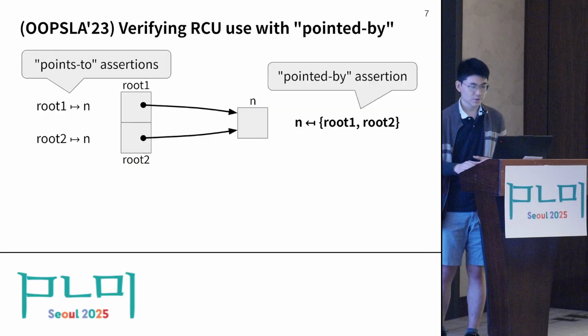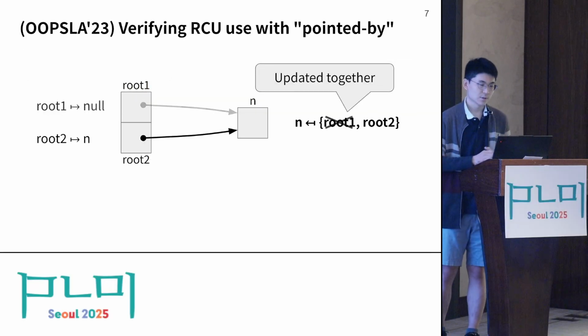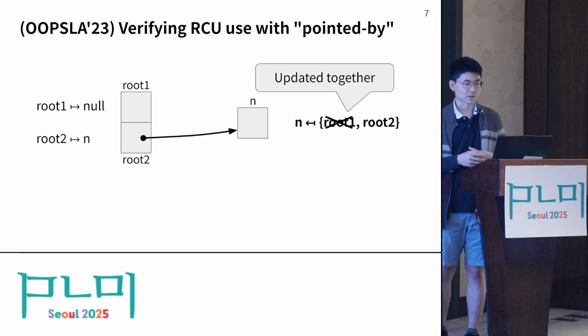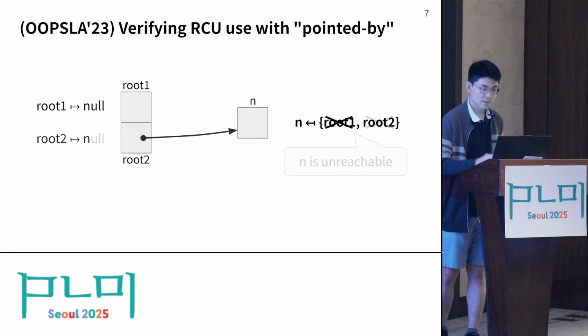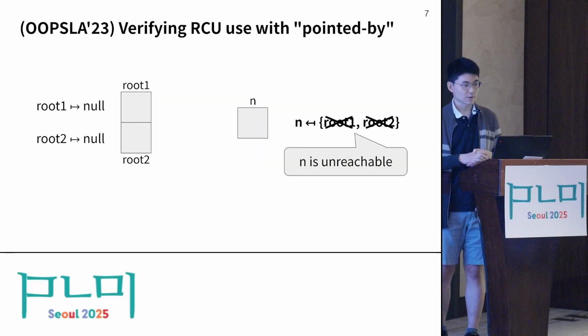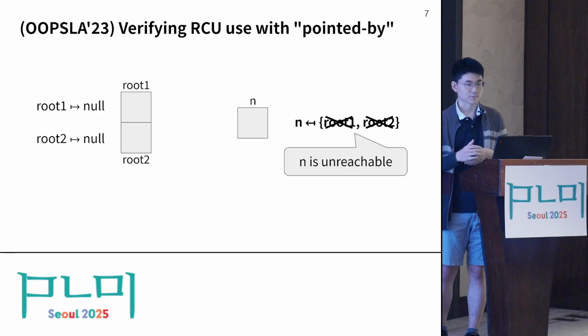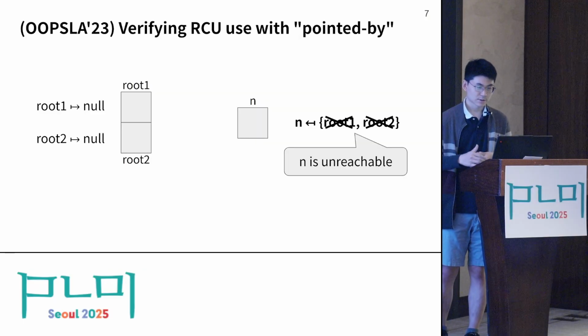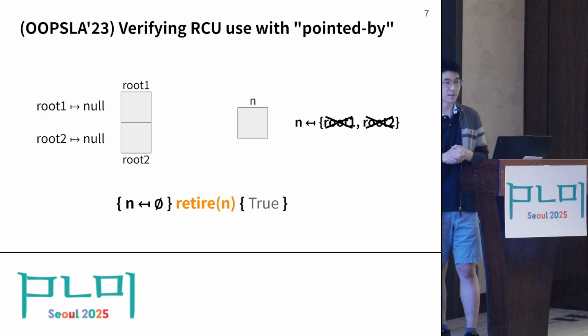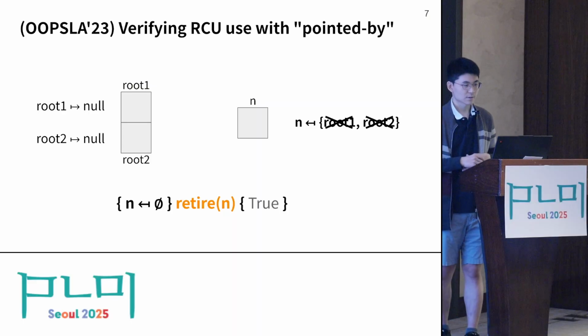Now suppose we cut the link from root 1. Then our pointed-by assertion is updated to just root 2, removing root 1. And if this pointed-by set becomes empty, we know that the node is now unreachable. So this means that we can use the empty pointed-by assertion as the precondition for the retire function.